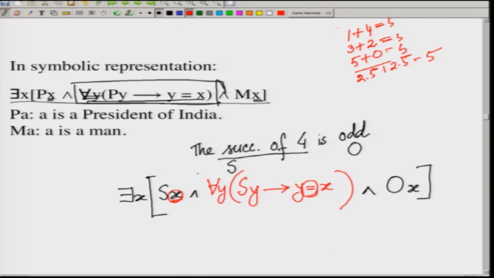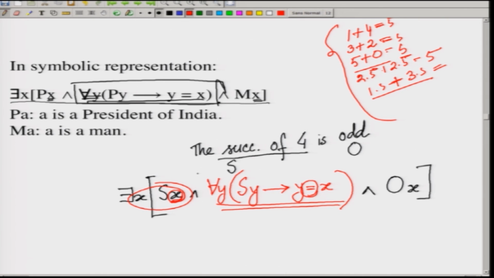Now, this identity is a unity maker. So, if there are 20 such expressions here, it could be anything, it could be 1.5 plus 3.5, it could be anything. In all these cases, if this is a successor of 4, then it is identical to an existing thing called x, which means that not only are all these things the successor of 4, it also exists.